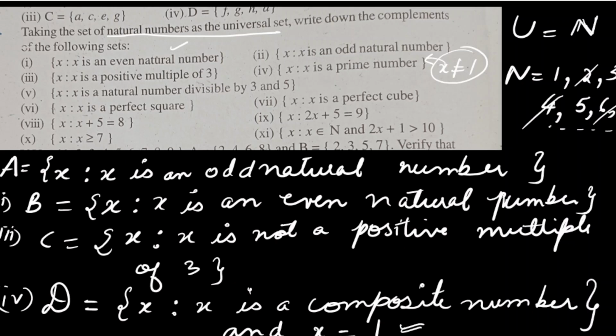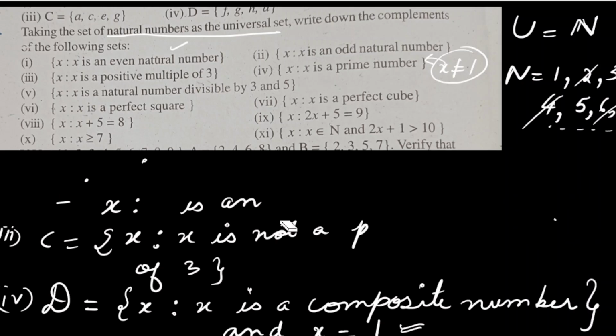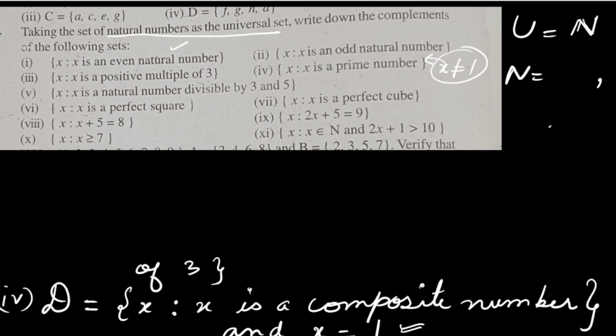So fifth part we have to do now. So here itself I'll do the fifth part now. You can take screenshots or you can write along with me. Okay. So fifth part: X is a natural number divisible by 3 and 5.